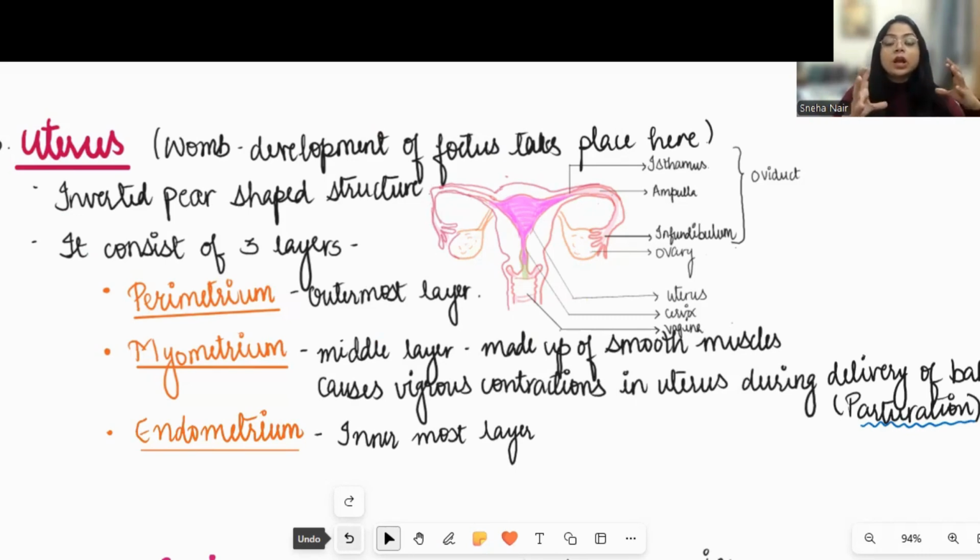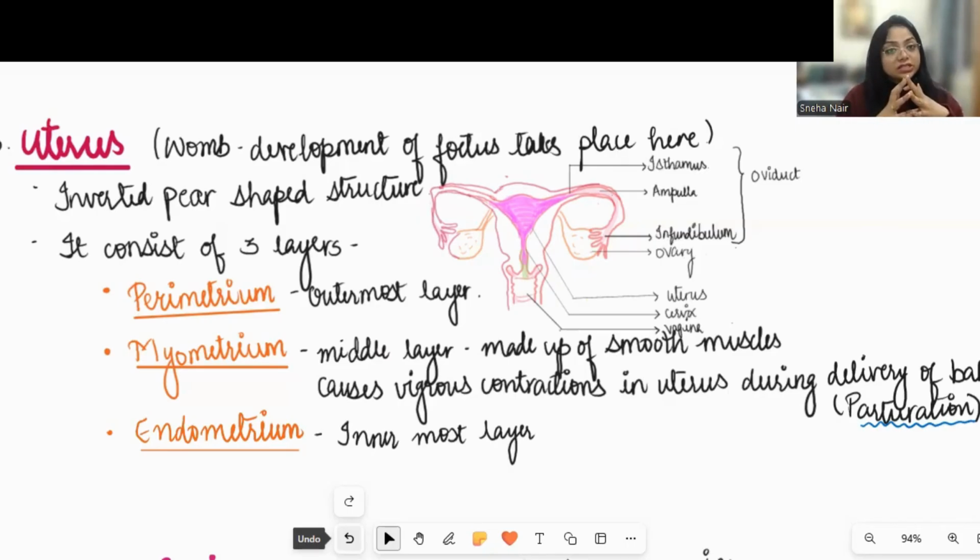It is a 1-month cycle. During this cycle, the egg from the ovary matures. Then this egg is released from the ovary. If there is sperm available, then this sperm and egg cell will fuse together.